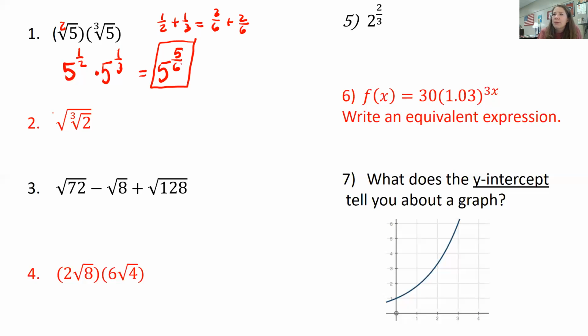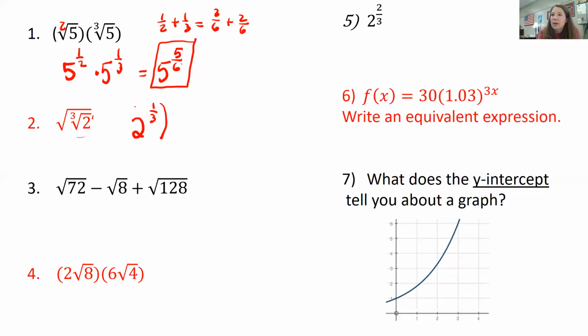All right, remember that a square root basically becomes an exponent of 1/2, right? Let's ignore the big square root for a second and just look at what's on the inside. Just like we converted this 5 right here, we're going to do the same thing. We're going to pull out that 2. Since it's to the first power, that 1 is going to become our numerator. The 3 becomes our denominator.